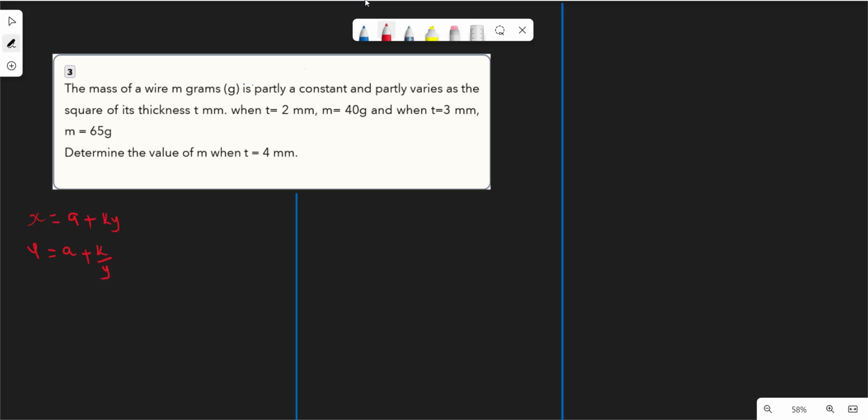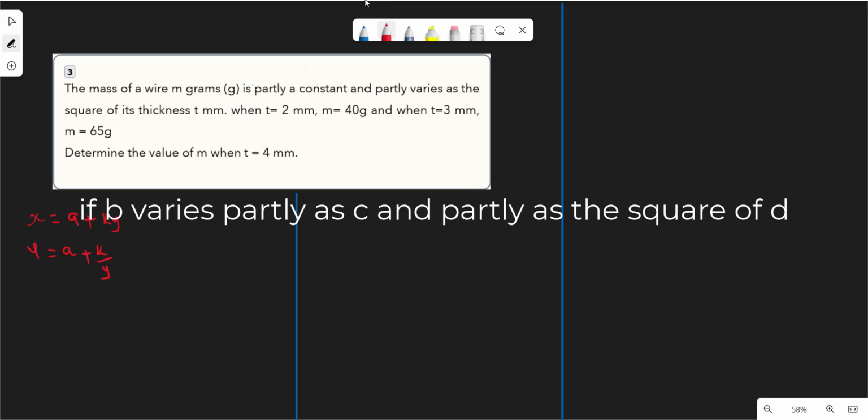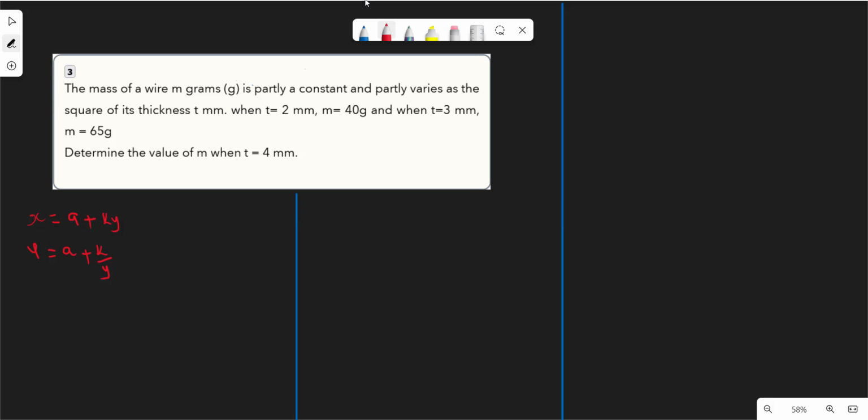We can have another example of partial variation. Suppose b varies partly as c and partly as a square of d. Then our constant a is going to have another variable c, plus our constant k will have another variable d, but this time it is squared.